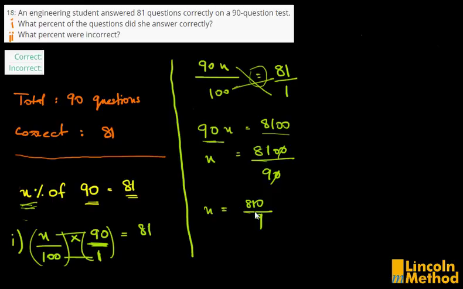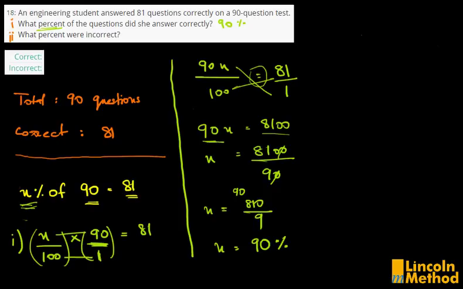Now we know that 9 nines are 81. Now if we add a 0 to 9, we should get 810. So x equals 90, and since we are supposed to find the percentage, we'll add the percent sign here. So x equals 90%. What percent of questions did she answer correctly? She answered 90% of the questions correctly.